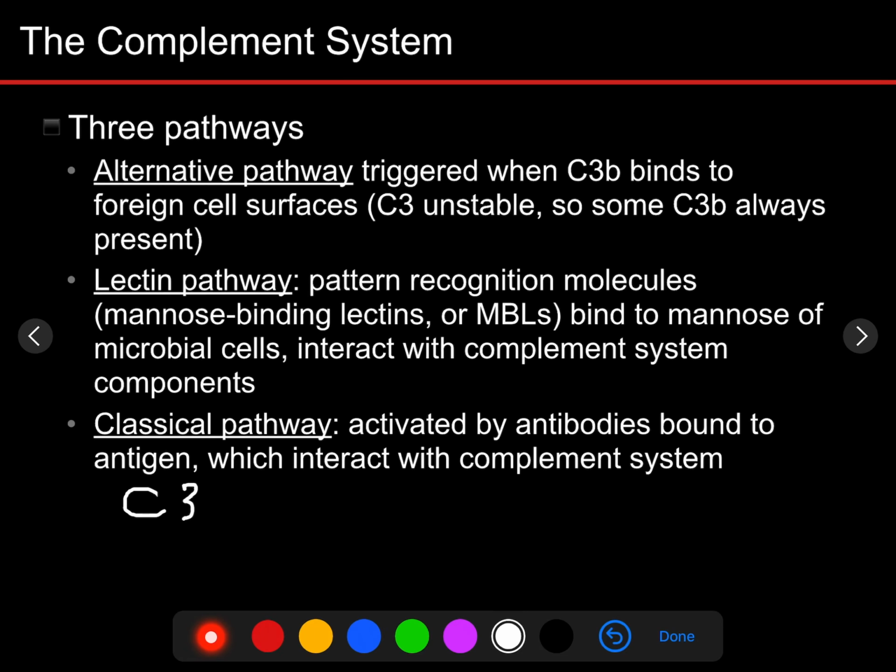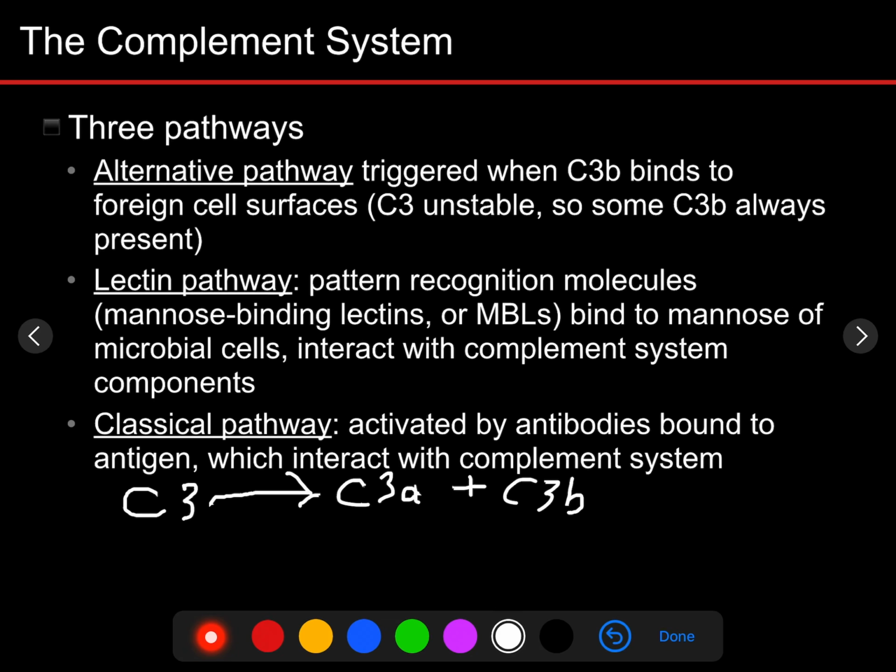C3 will naturally fall apart and split, but only a little bit. A very small amount of C3 is always just sort of splitting into two halves called C3a and C3b. I'm going to get into the specifics of how these proteins work later on.